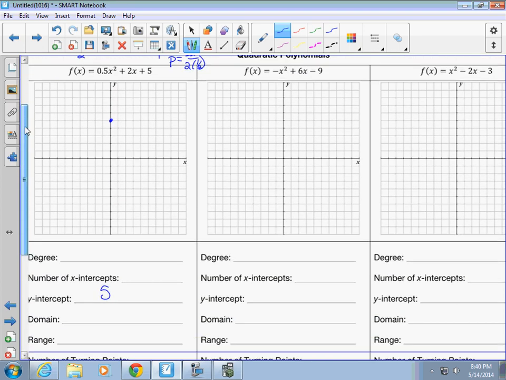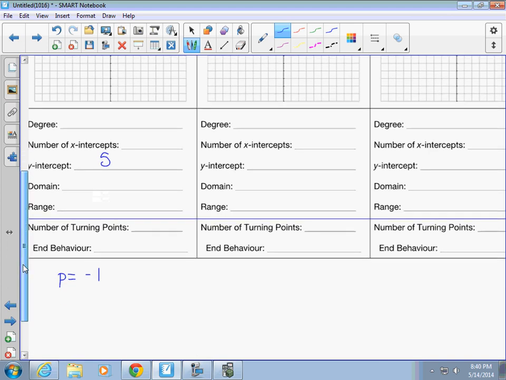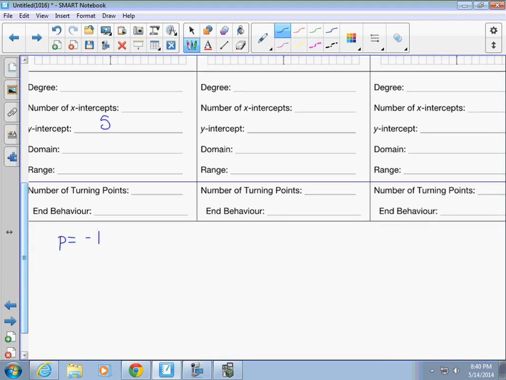Yeah, because it's negative 2 divided by 1. So my Q is equal to C minus A P squared. So Q is equal to, your C was a 5, minus 1/2 times 2 squared. 2 squared is 4. 4 times 1/2 is 2. So it's at 3. So that would mean your vertex for this one is at negative 2 and 3.